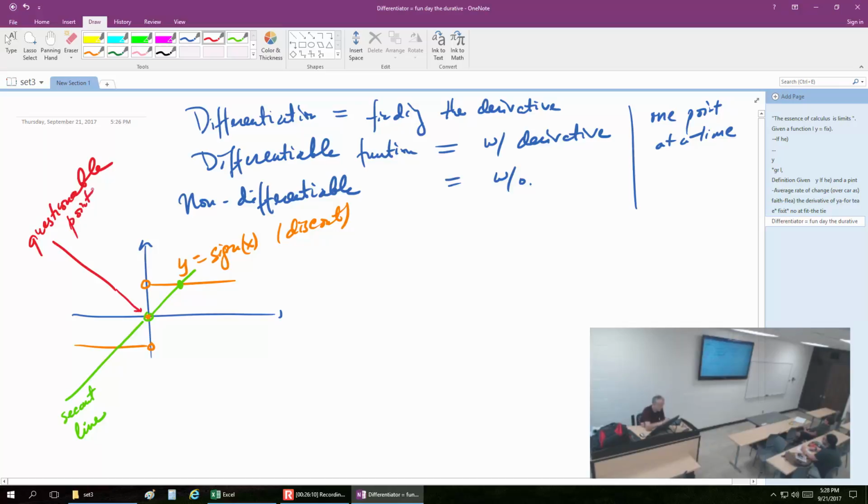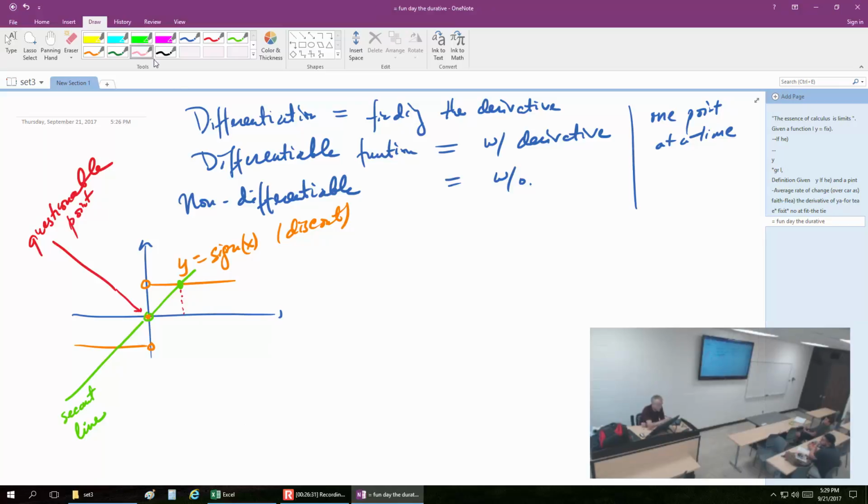The point of questionable behavior of our function. I draw a straight line through it and another point on the graph of the function, which gives what we call a secant line, and then I look at the slope of that secant line and see what happens as we make this gap smaller and smaller.